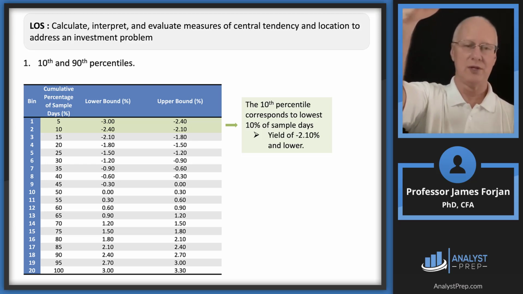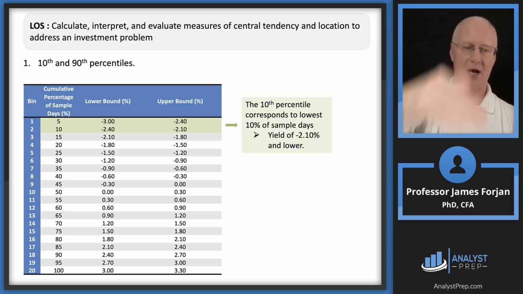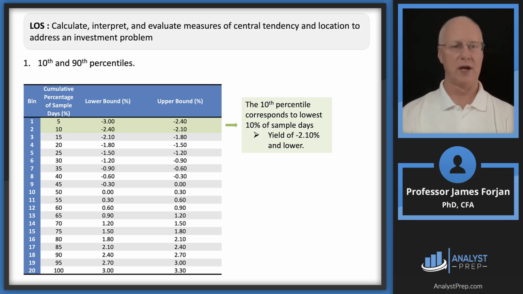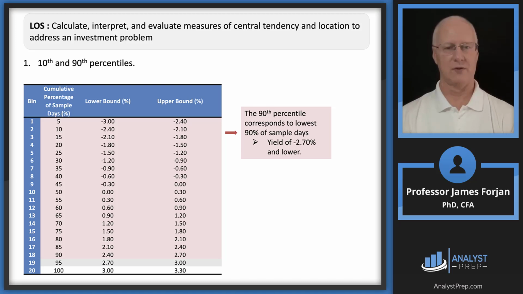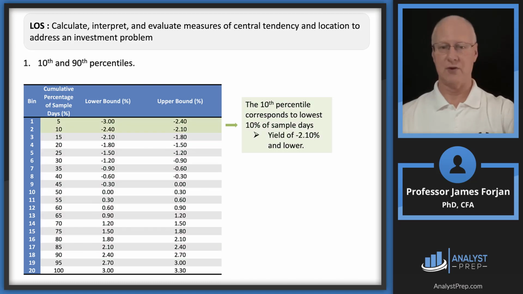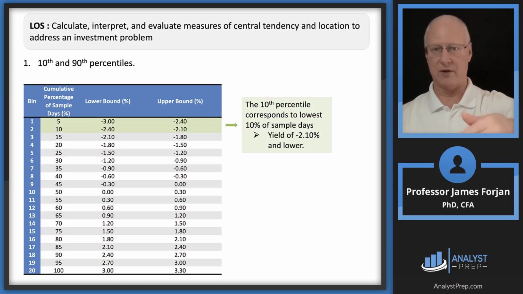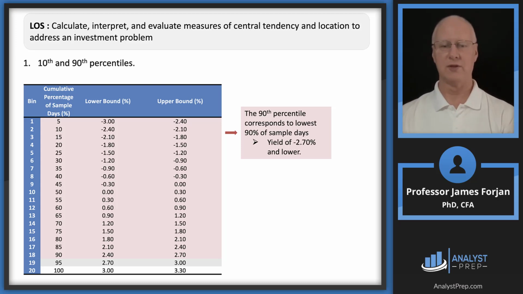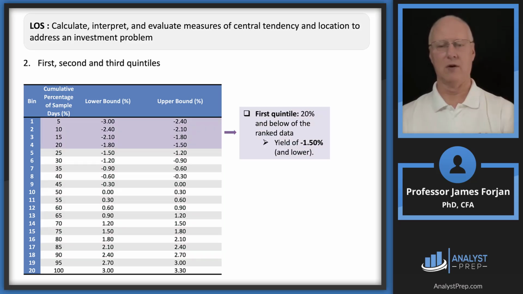So remember, when you say 10th percentile, we're going up to the 10th percentile. And then the 90th percentile, we're going up to the 90th percentile. So there we go. And we changed colors from green to light red. So there you go, 2.7, which is the lower bound. So make sure that you do that. Go to the green when you're going to there, and then you go to the 2.7%. So 90% of them are 2.7% and lower.